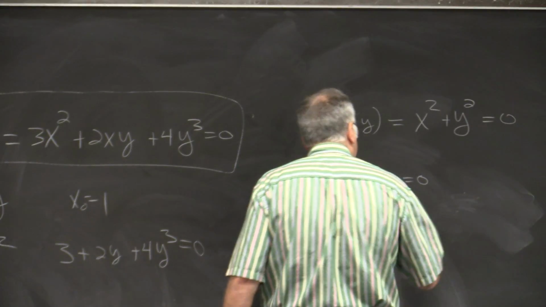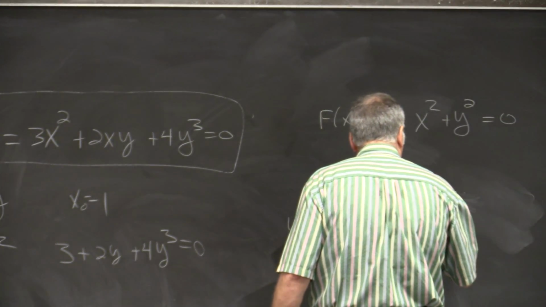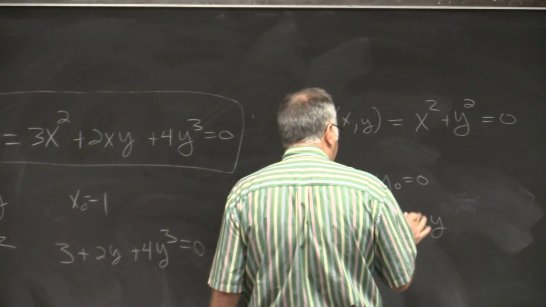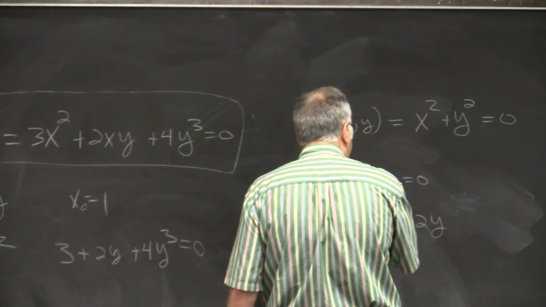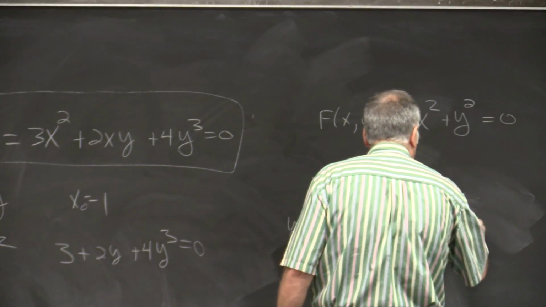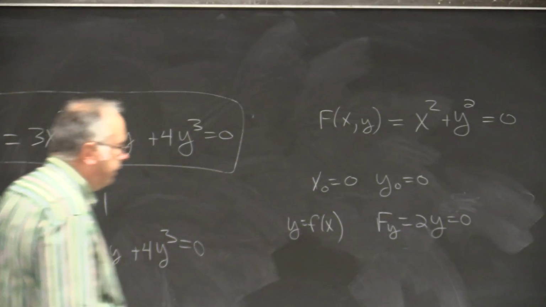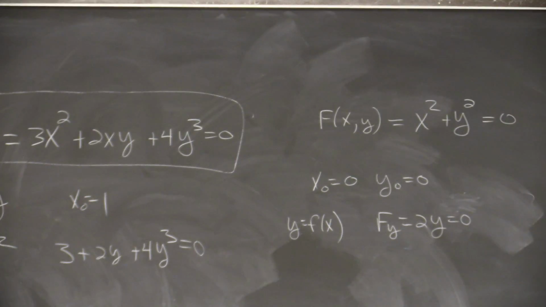F sub y is equal to 2y. And at the critical value of x and y, that's 0. See, there's just a singleton. X equals 0, y equals 0. There's no function where y is a function of x.